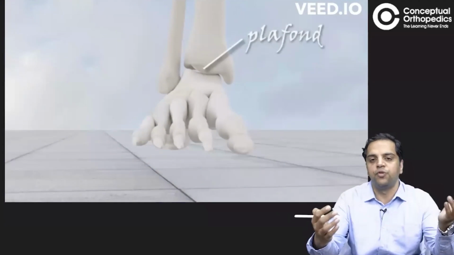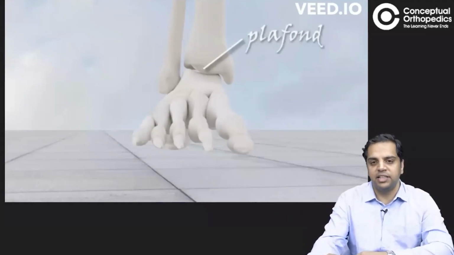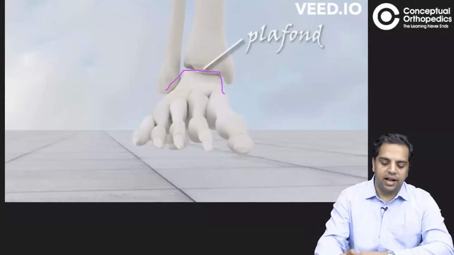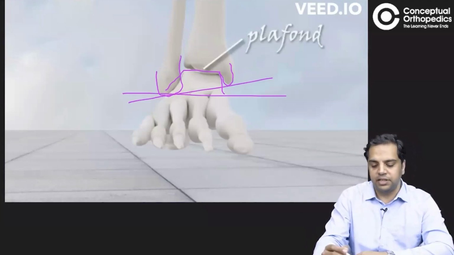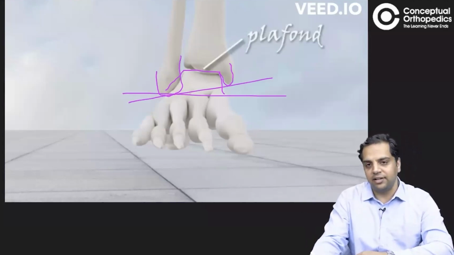It forms the roof of the ankle joint, which is in the form of a mortise. So this structure is the mortise of the ankle. This anatomy is important to remember because you should realize that the fibula is at a slightly lower level as compared to the medial malleolus. And this anatomy is important for restoration as you learn about fixation of these fractures over the next few talks.